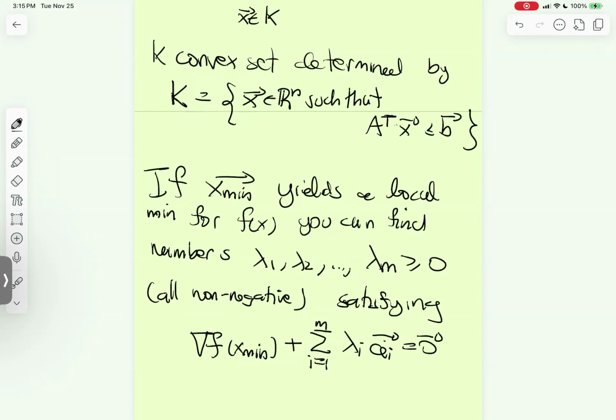They're just the vectors, right? For linear inequalities you don't have to write the gradient of the constraint, you just take the vector. So you get that, and the lambdas satisfy what's called a complementary slackness condition.